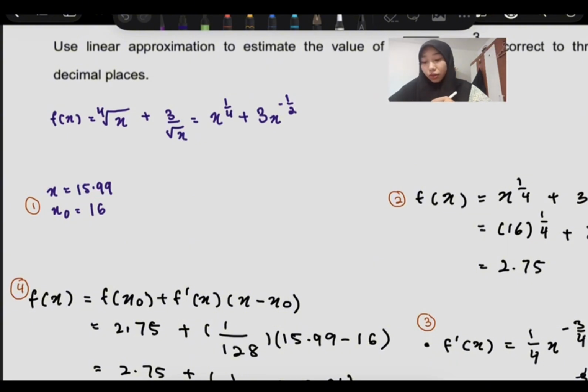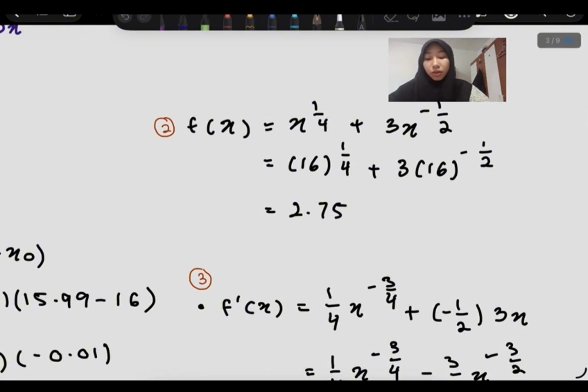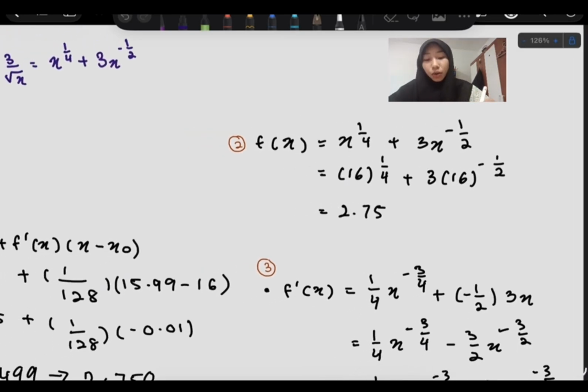Then we are going to replace our given value at x 50.99, and for the linear approximation we are going to choose the nearby number from 50.99. So we choose 16. Next, we are going to replace our given point 16 in our original function.